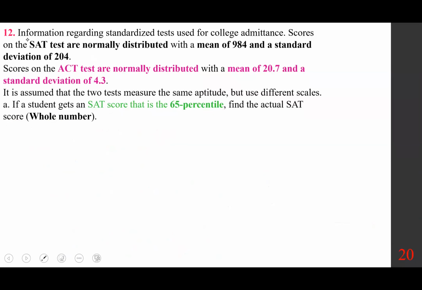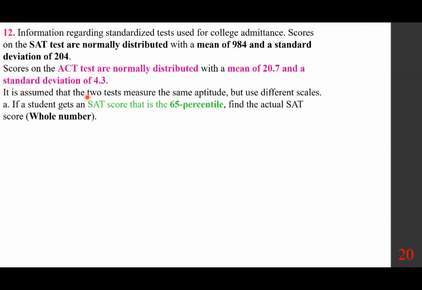Could somebody read this one, please? Information regarding standardized tests used for college admittance. Scores on the SAT test are normally distributed with a mean of 984 and a standard deviation of 204. Scores on the ACT test are normally distributed with a mean of 20.7 and a standard deviation of 4.3.